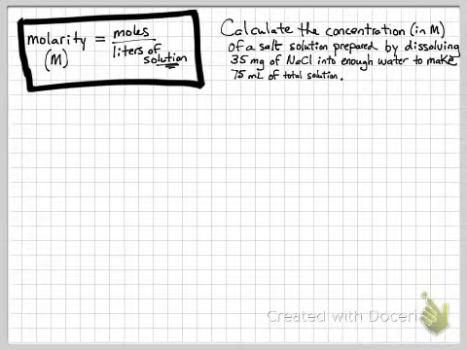So in other words, the 35 milligrams of sodium chloride plus water will end up with a final volume of solution of 75 milliliters.